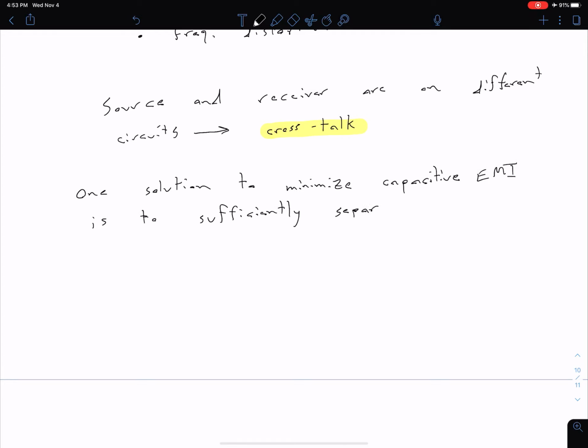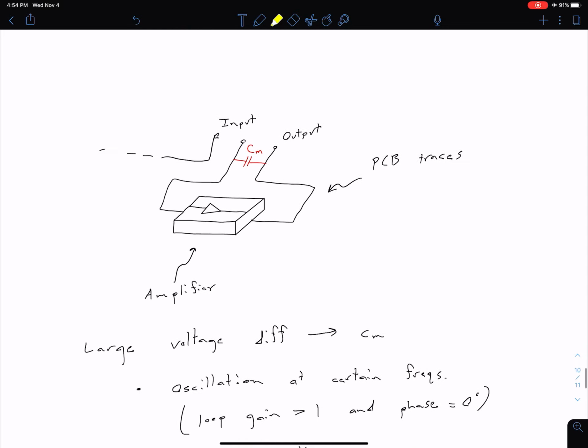I'm talking about physical separation on our circuit board. So sufficiently separate high level and low level conductors.